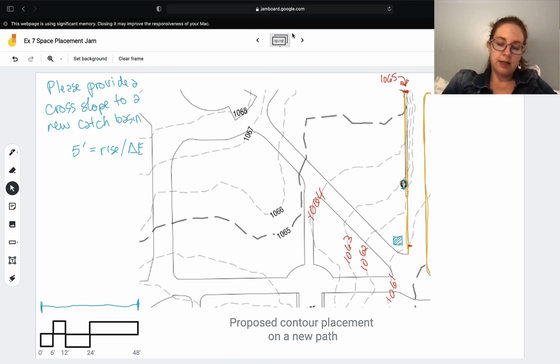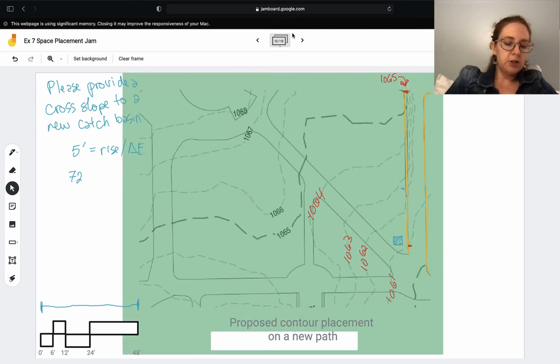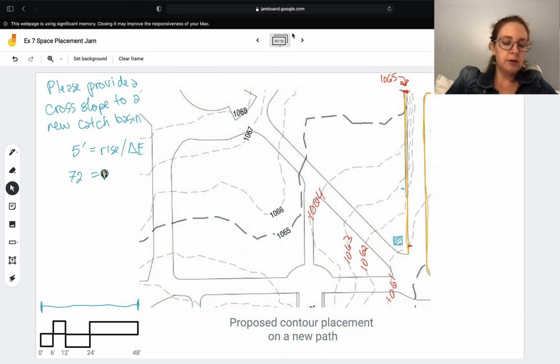And then that distance is roughly, I'm just going to call that 24. So 48 plus 24, 72 feet. Yep, that's right. Oop, undo that. Didn't want to do that. 72 feet is equal to my run, or my delta L.